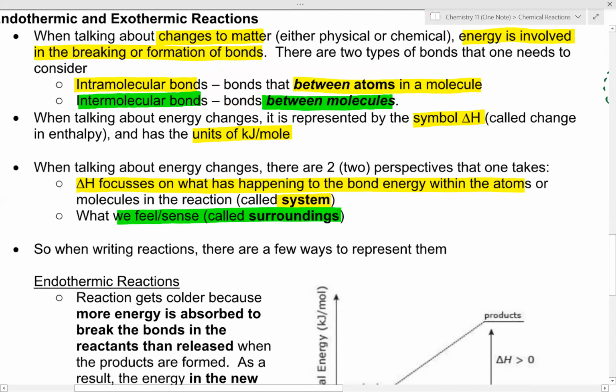So when we talk about energy, it all depends on perspective. Are we looking at it from the perspective of the system or the perspective of the surroundings? Now, the example would be my classroom. If you sit in my classroom, what you will notice is the windows are on your left-hand side.